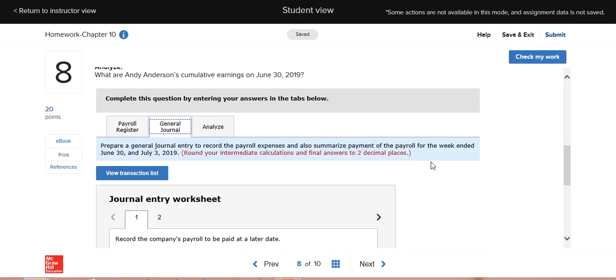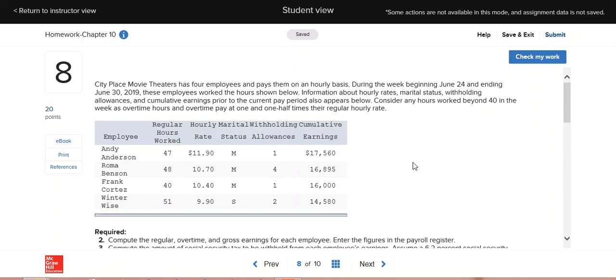The General Journal says record the payroll expense and summarize the payment of the payroll for the week ended June 30th and July 3rd. Did we have 2 weeks?